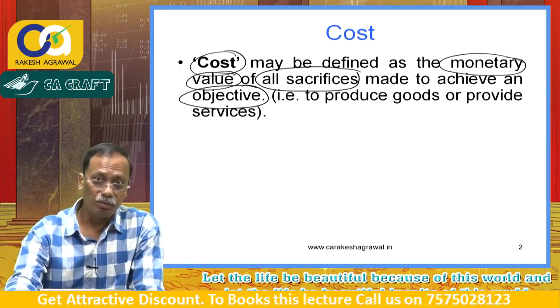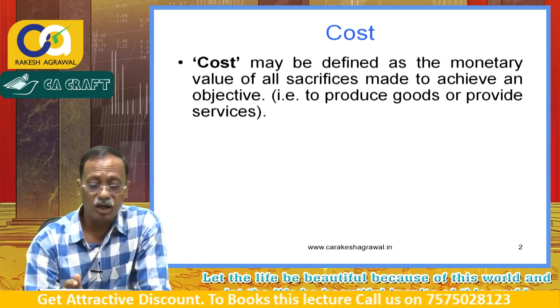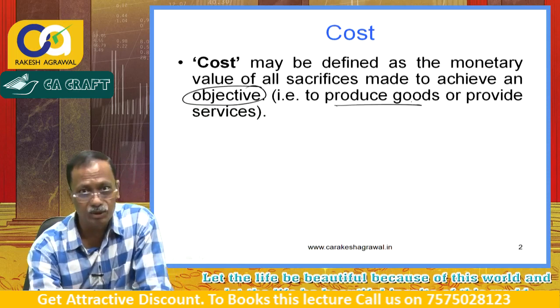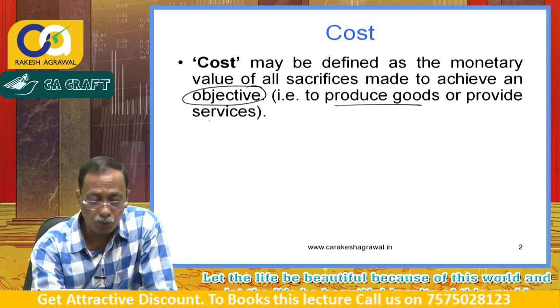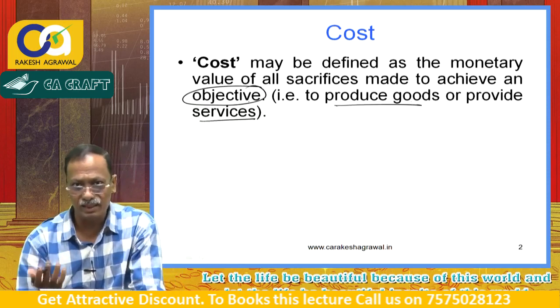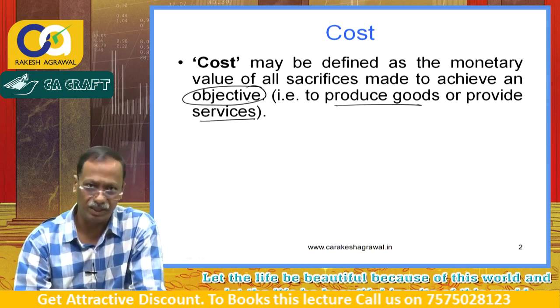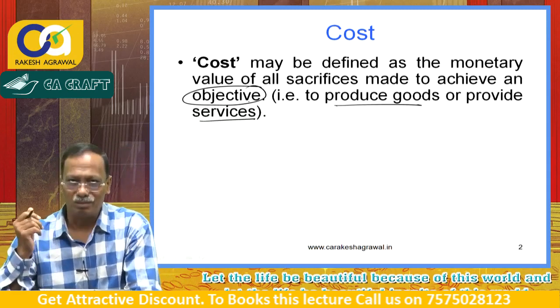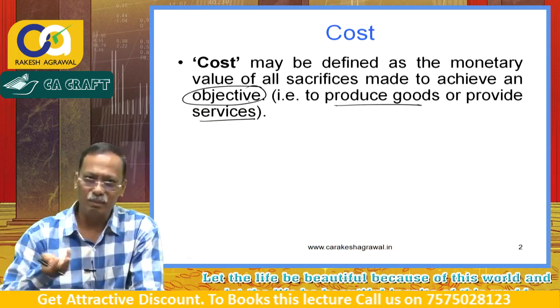Anyway, from the classroom or exam point of view, our objective is either to produce and sell goods or to provide services. That is, either we are in the service industry or a manufacturing industry. We don't talk much about trading, because in trading you buy and sell ready-made.